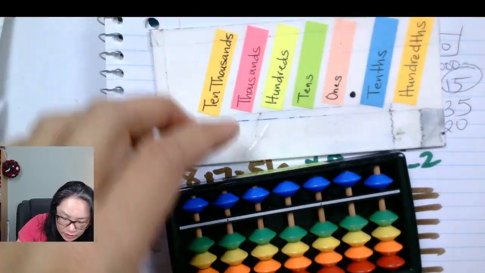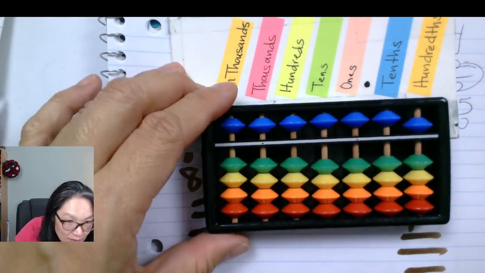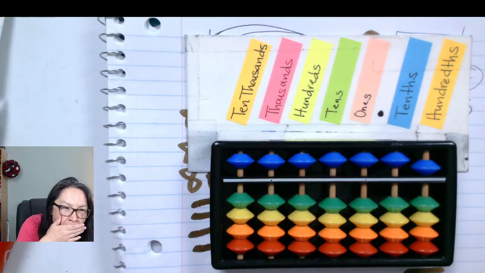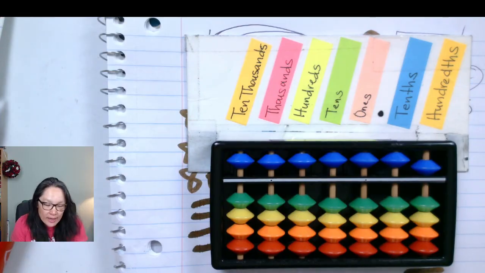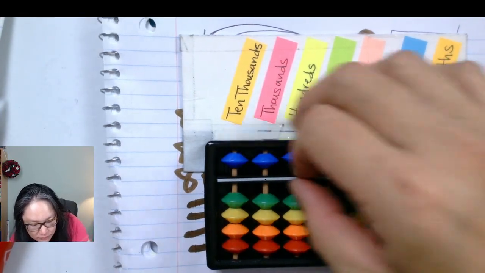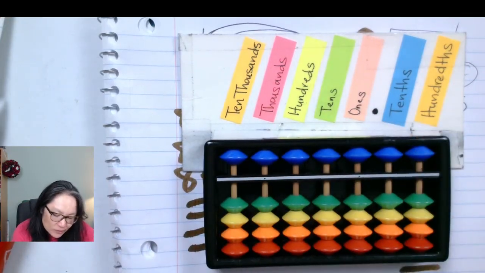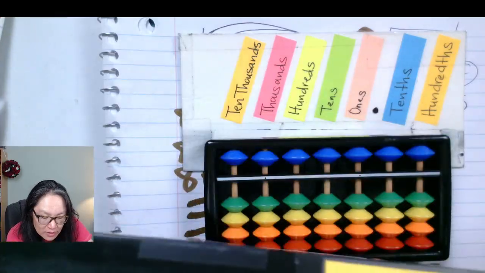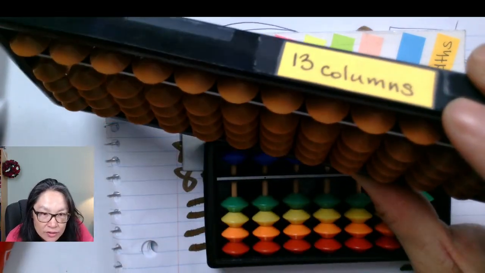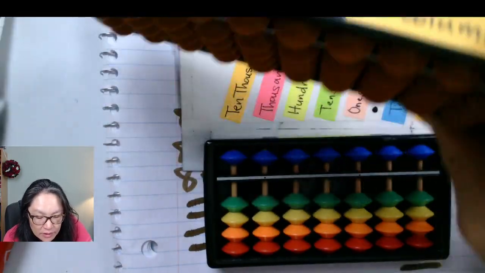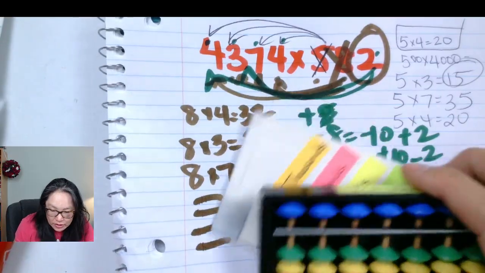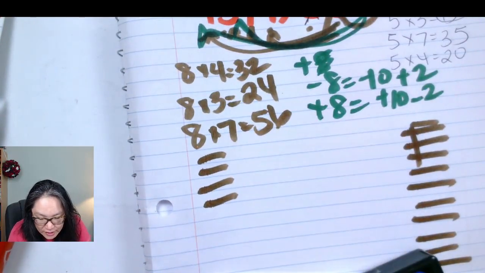Because if you look, you can only go up to 10,000. So, yeah, that's too bad. But then again, I think the big reason why I would go to the 13 column one is to do multiplication and division, because it's hard to do even 3 digits times 4 digits.